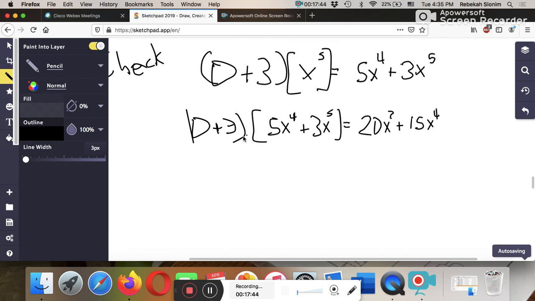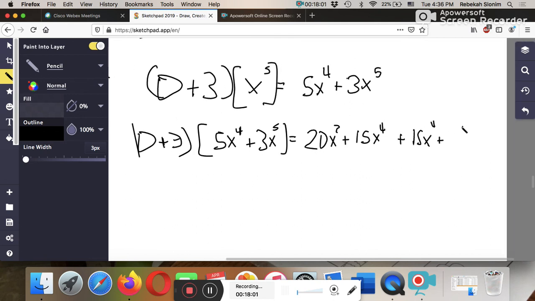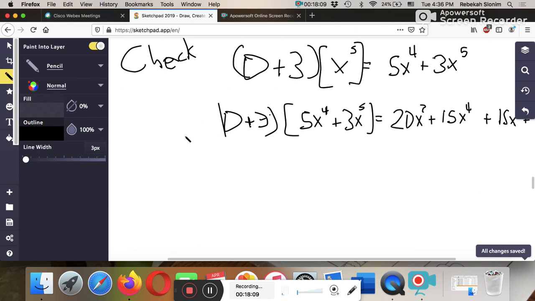And then I'm going to take 3 times this whole thing, and that's going to give me another 15x to the fourth plus 9x to the fifth. Plus 9x to the fifth, and there I am. Okay, so that's if I apply this D plus 3 operator twice.